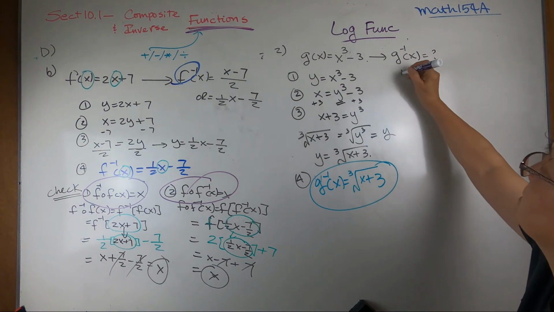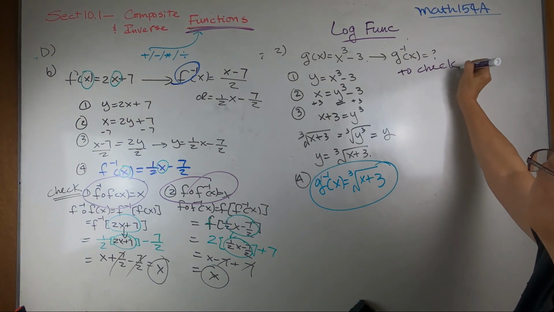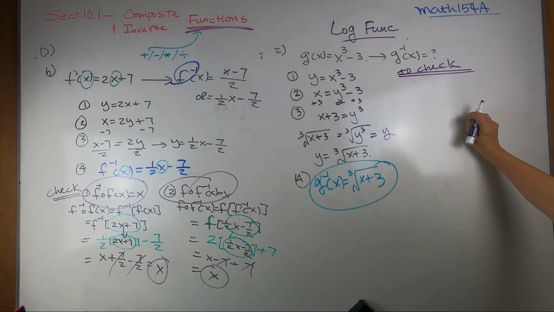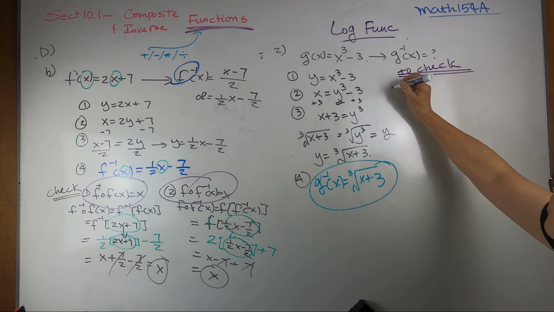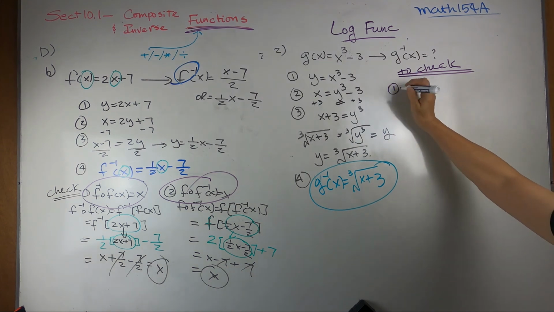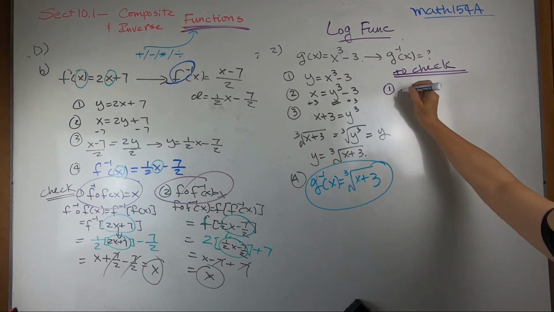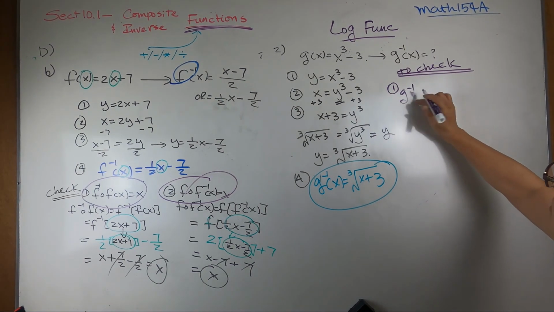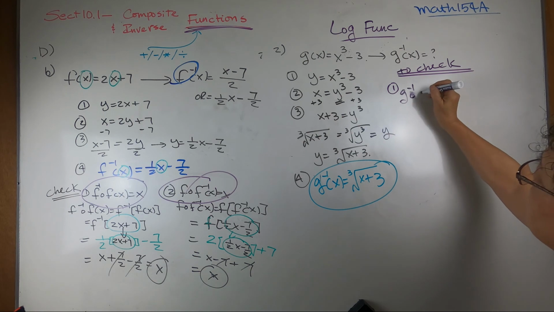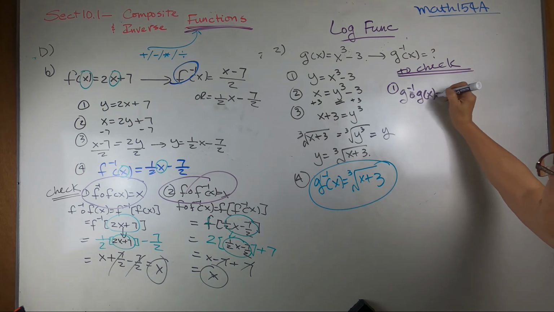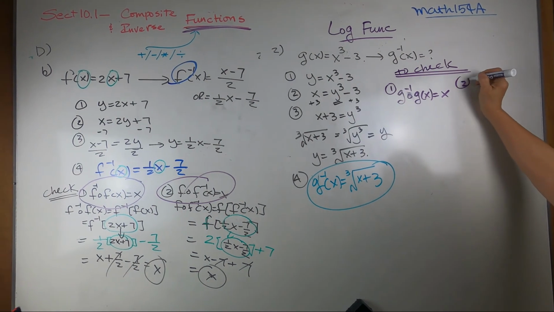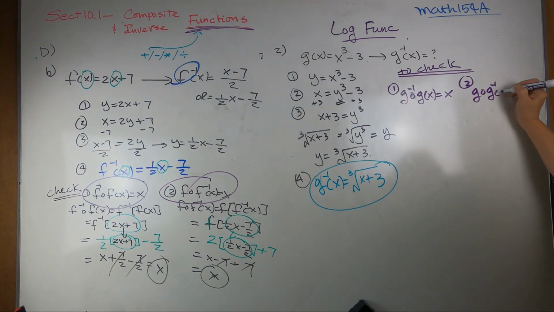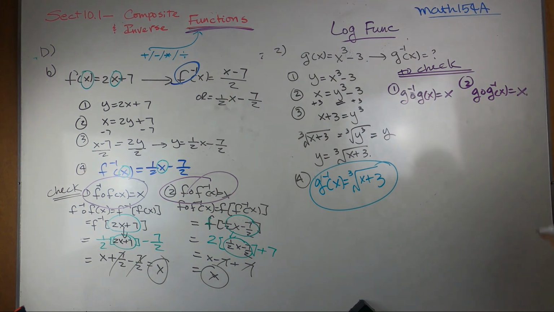But to check, what do we need to do? We need to find what? G inverse of g of x needs to be x, and g of G inverse of x needs to be x.